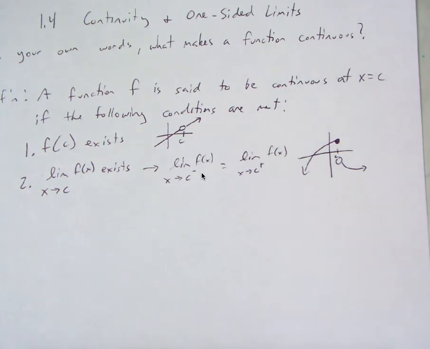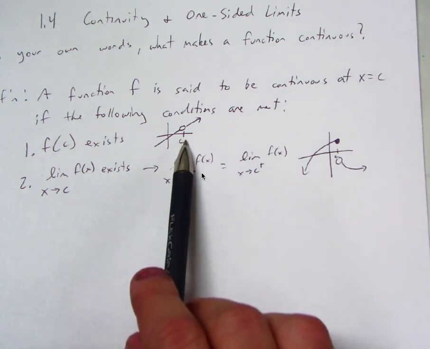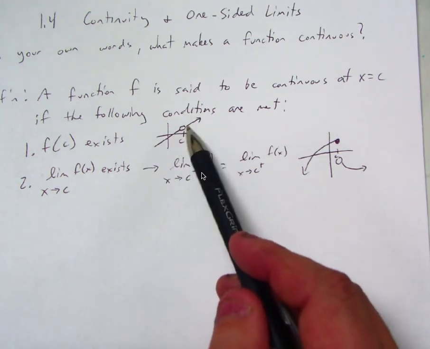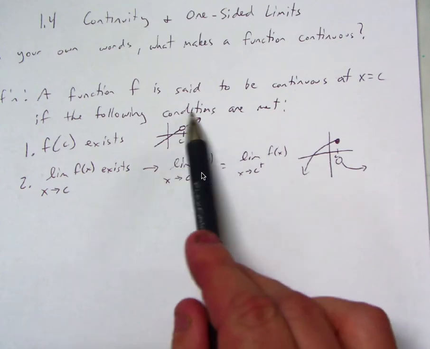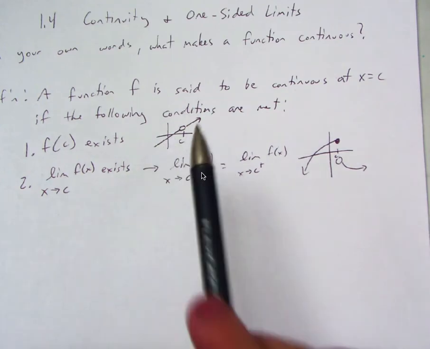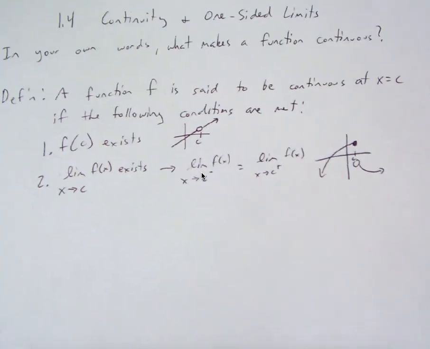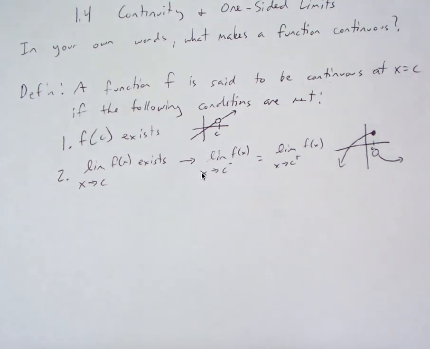So that must mean that there has to be a third thing that's true. Because this graph here, the second condition is met, the limit exists from both sides, but the function doesn't. So here's a case where condition 2 is met and condition 1 is broken. So let's think about what the third thing must be. And it's always good for you guys to try to think about what else has to be true to be continuous at a point.